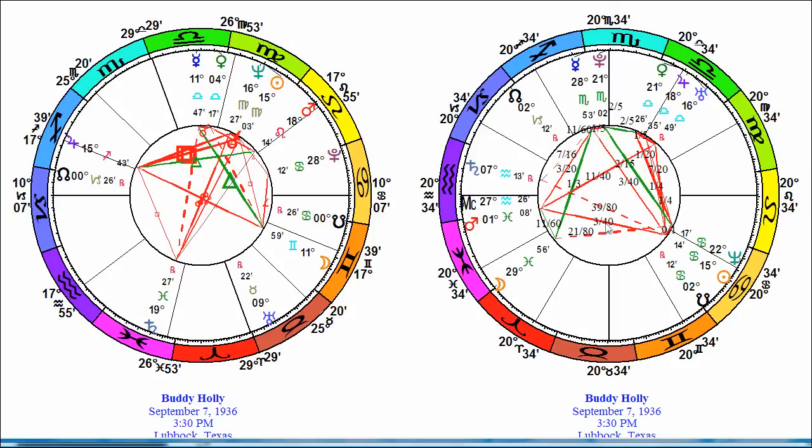What number multiplied by 5 equals 40? Times 8. And as you get experience doing this, you'll realize that this is a 3/8 aspect. It's not a square, it's not an opposition, it must be one of the eighths. It's a 3/8, 135. So 8 times 5 is 40.